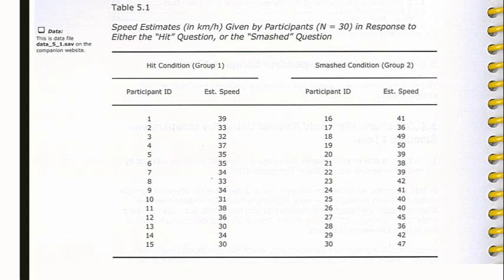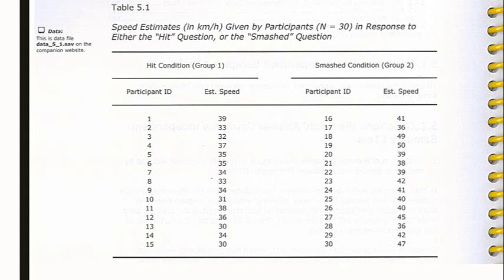So table 5.1 reports each participant's estimate of how fast the cars were going in kilometers per hour. You can see that it's kilometers per hour up in the label for the table. The heading says speed estimates in kilometers per hour given by participants, n equals 30, in response to either the hit question or the smashed question, and you can tell which is which by the organization of the table.